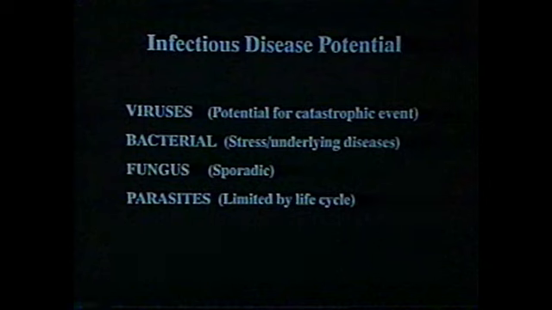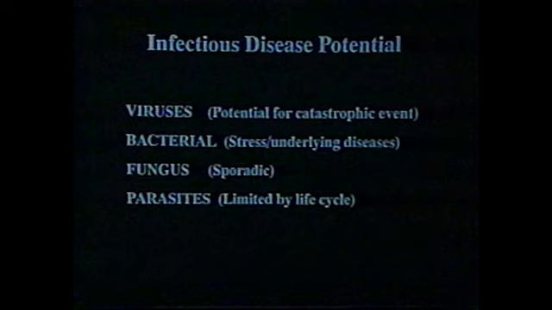I mentioned that I'm going to emphasize infectious disease potential, and you can see that viruses probably have the greatest potential for catastrophic events, and again working both ways, from captive populations to wild and the reverse.